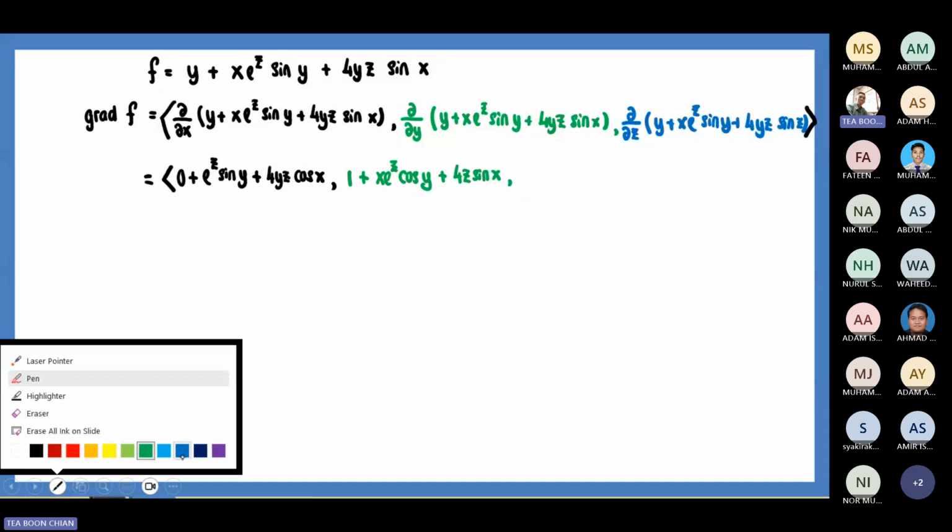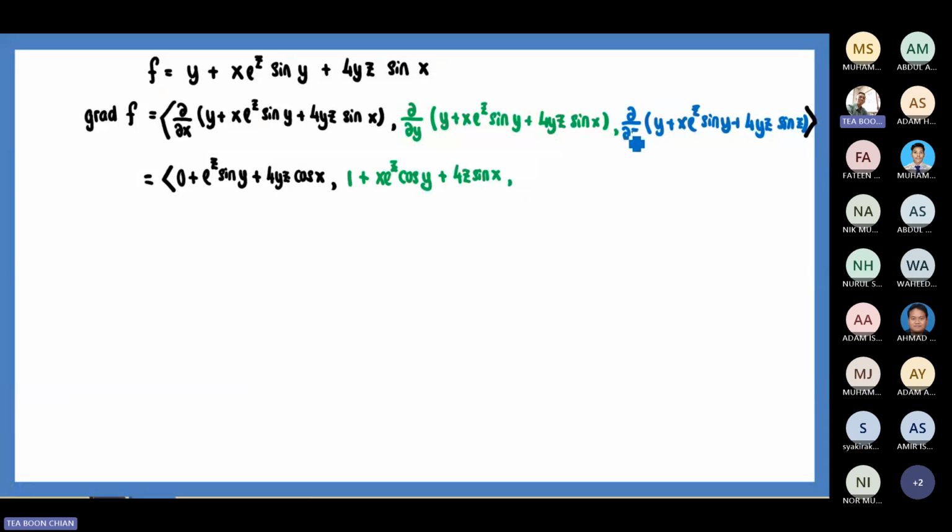And finally, differentiate with respect to z, y not related, 0. Here, x exponent z sin y. Okay, yes, there's a variable z here, but x sin y not related, put aside. Differentiate exponent z, you still get back exponent z. Okay, this should be x, not z. And finally, 4yz sin x.